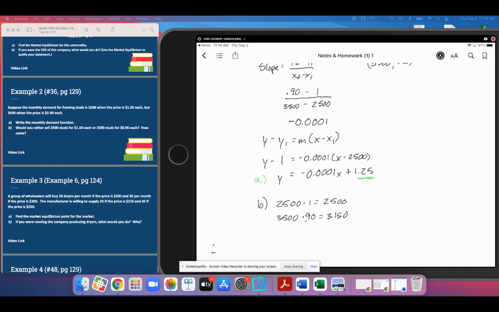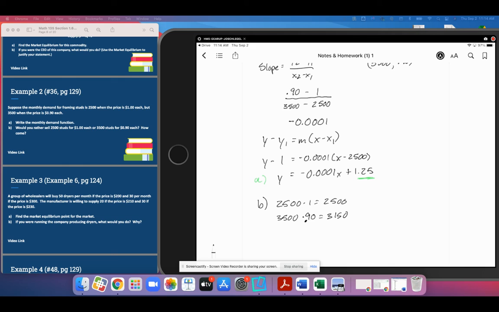So even though this company would be selling them at a reduced price of 90 cents each, it would be to their benefit in the end to make the $3,150 instead of the $2,500, as long as they are not over projecting their costs to do so.